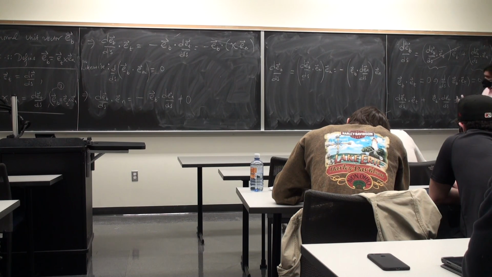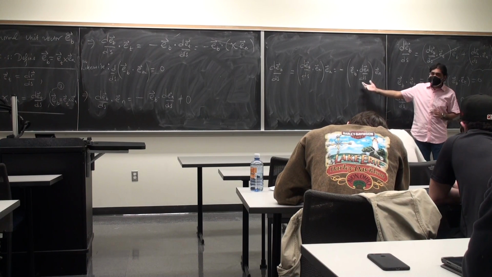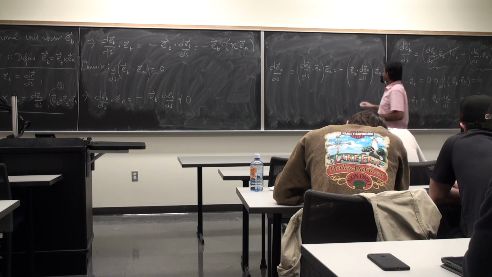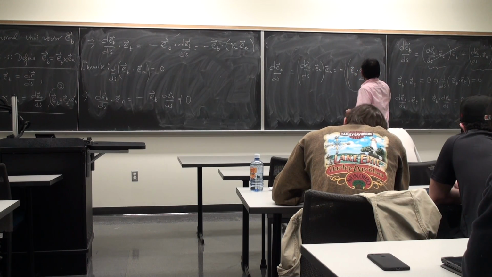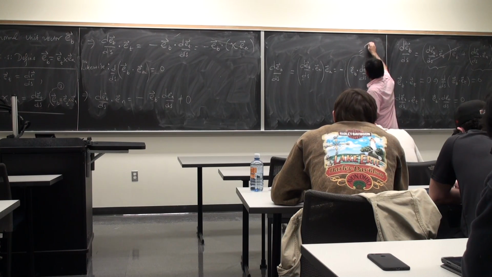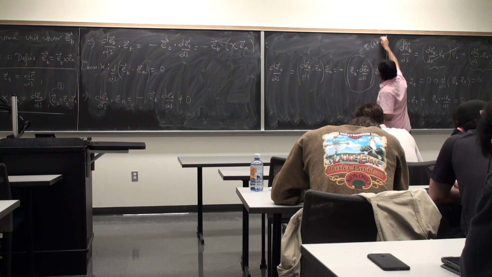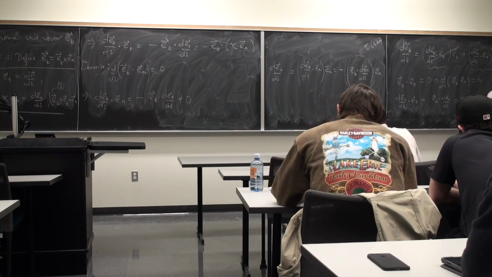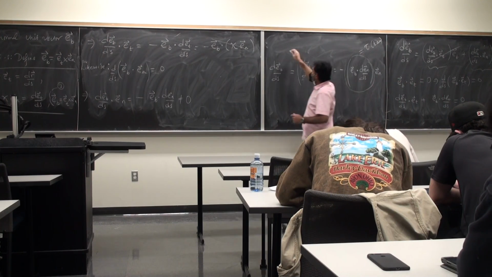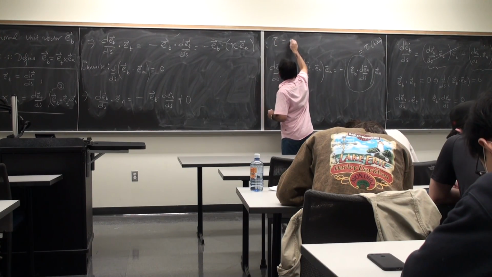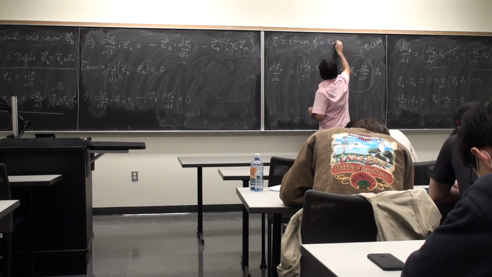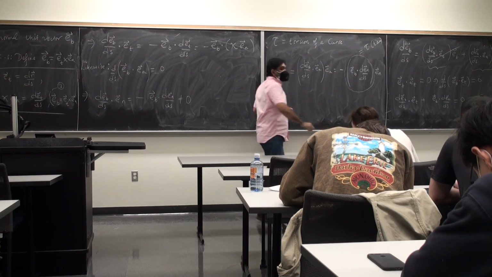And the term in the brackets, which we said is non-zero, is going to be called tau, where tau is called the torsion of a curve.